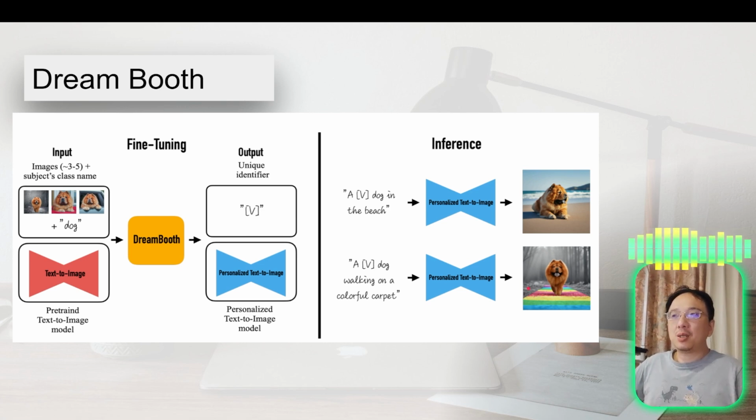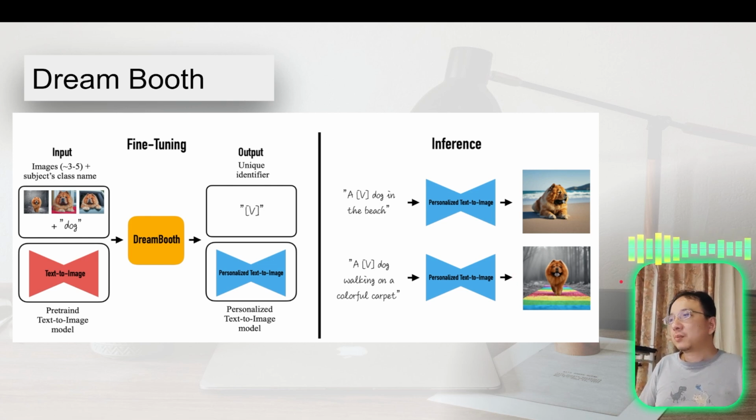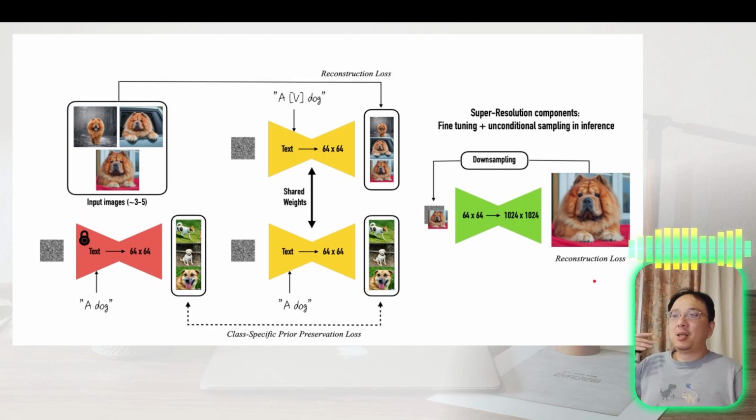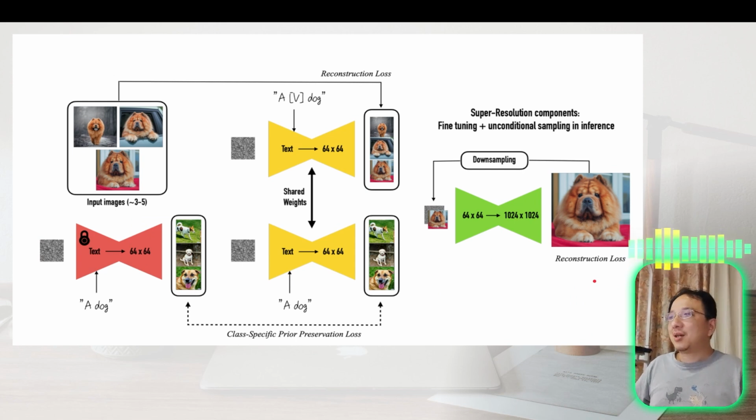Its functionality is similar to textual inversion, only that it usually produces much better results. So this is how it works. Basically, it is just fine-tuning the whole thing.